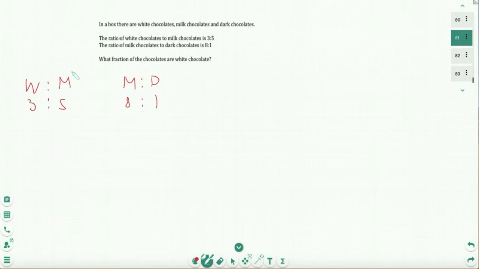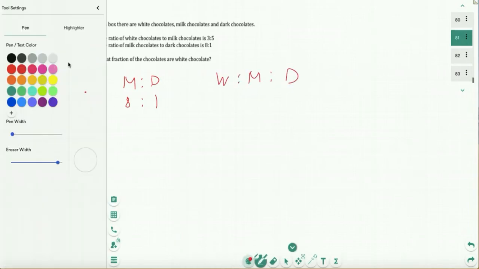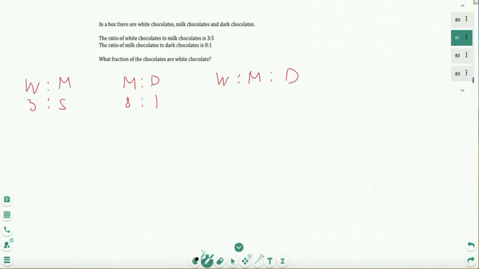Okay, well, since I have 3 different chocolates, white, milk, and dark, let's create a ratio involving all 3 types of chocolates. So white, milk, and dark. Now let's fill it out. So we know the ratio between white and milk is 3 to 5, so 3 to 5. And then we know the ratio between milk and dark is 8 to 1.